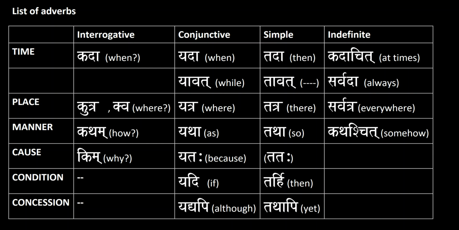Simple adverbs include tada, then; tavat, which pairs with yavat, for while; tatra, there; tatha, so; tatah; tarhi for then; and tathapi for yet. Indefinite adverbs would be kadachit, at times; sarvada, always; sarvatra, everywhere; kathanchit, somehow.